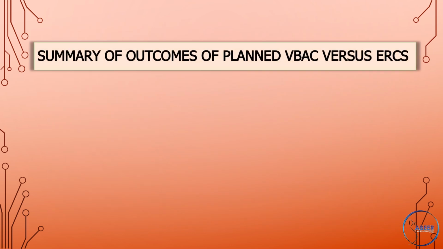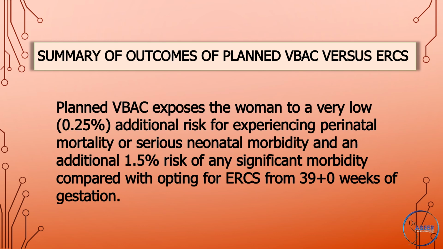Summary of outcomes of planned VBAC, or vaginal birth after previous cesarean delivery, versus ERCS, or elective repeat cesarean section. Planned VBAC exposes the women to a very low 0.25% additional risk for experiencing perinatal mortality or serious neonatal morbidity and an additional 1.5% risk of any significant morbidity compared with opting for ERCS from 39 plus 0 weeks of gestation.